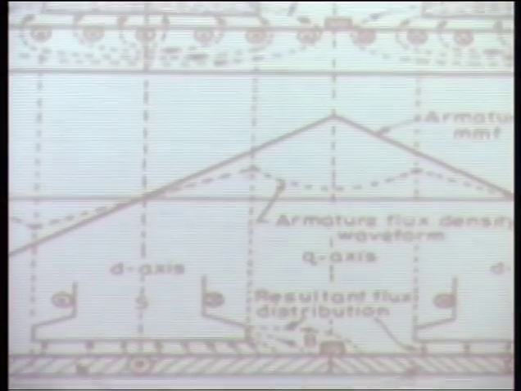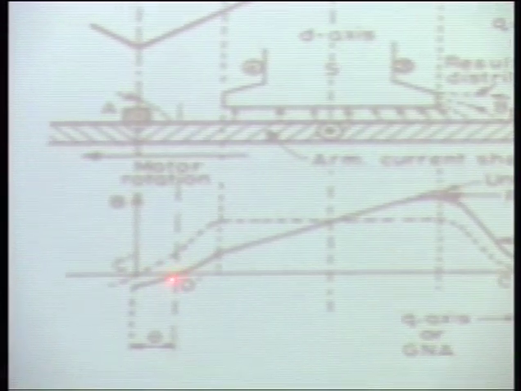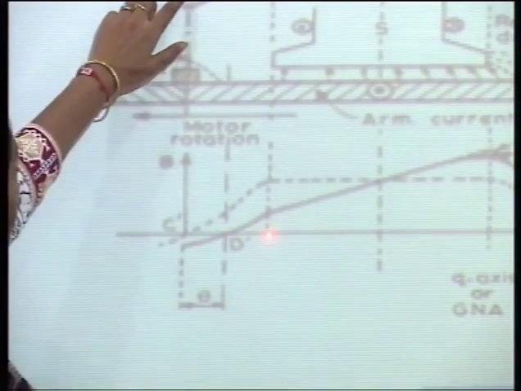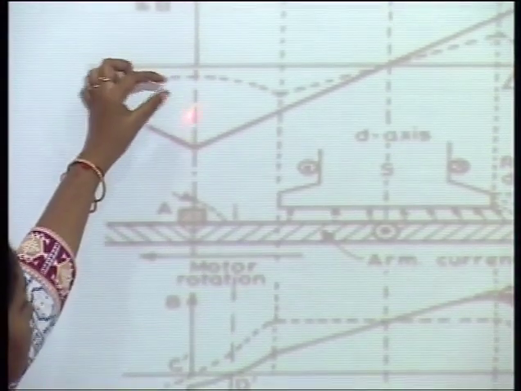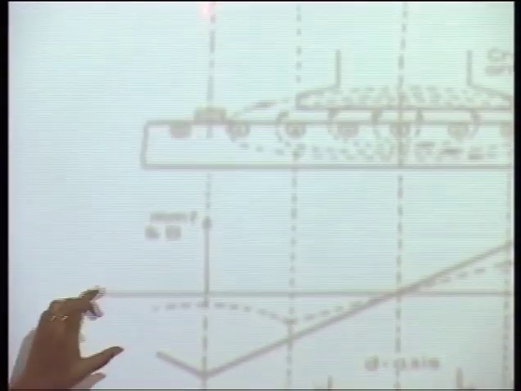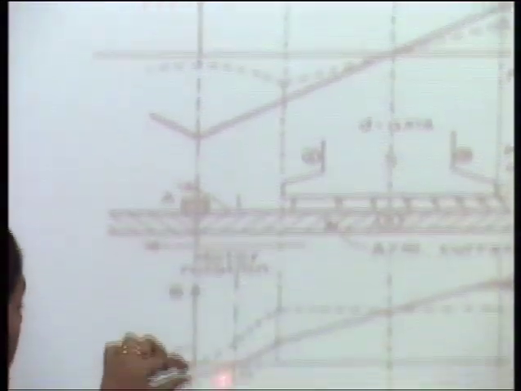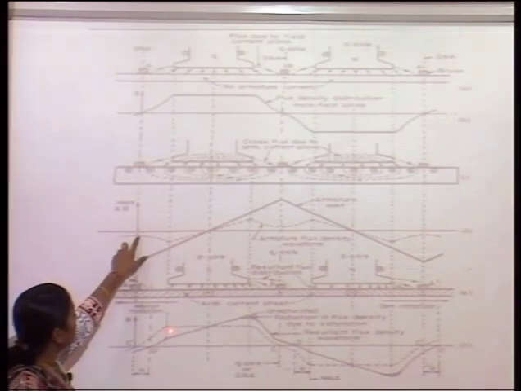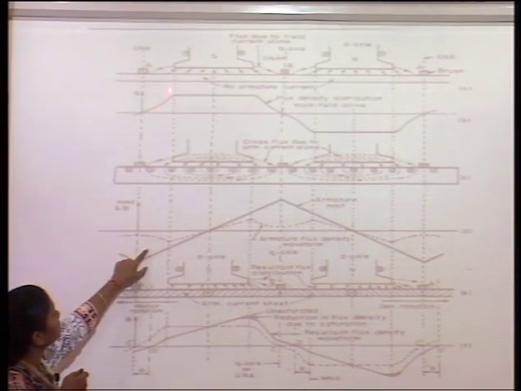This was the field flux shown by the dotted lines. Now, if I add the armature flux to the field flux, then I am starting with this point. The flux density is somewhat existing in the negative direction and here it is 0. So, 0 plus something in the negative direction, the resultant is also in the negative direction. Now, the flux is in the negative direction and here it is in the positive direction.